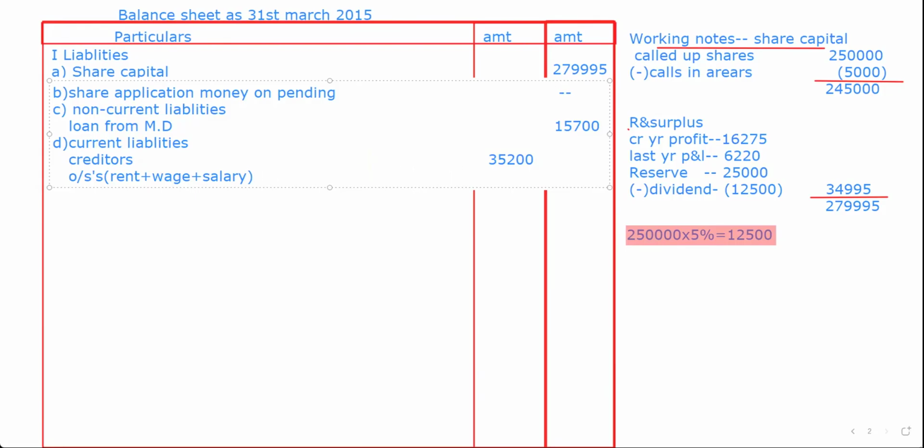So rent is 600 plus wage is 5,200 plus 1,200. Altogether you're going to get 7,000. This is the amount I'm going to get. I'll just check, do I have anything else which I have to take in the current liabilities? I hope I don't have anything.